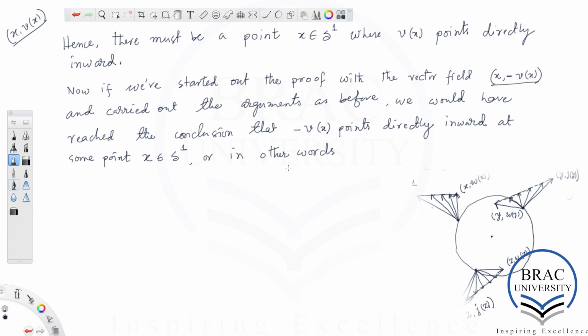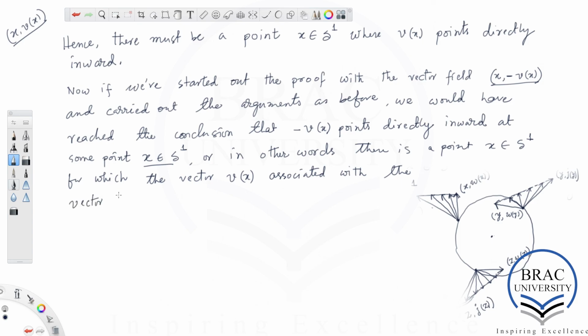But if you translate this conclusion using our original vector field, it turns out that there is a point x in S1 for which the vector v of x associated with the vector field x comma v of x points directly outward.